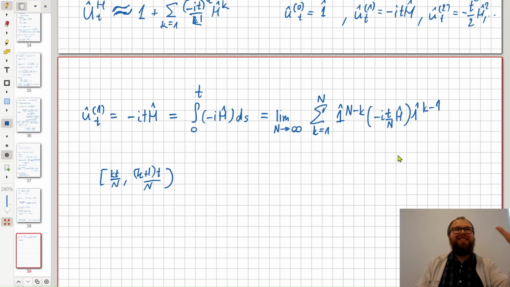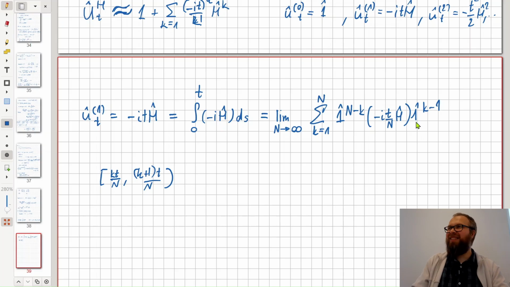Then I can imagine this term is an accumulation, the sum over k, of effects where nothing happens for most of the time, right?